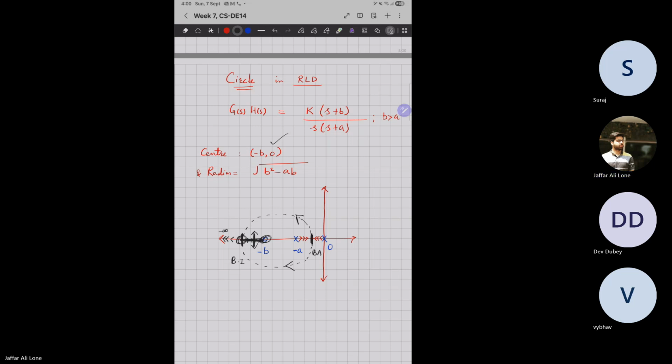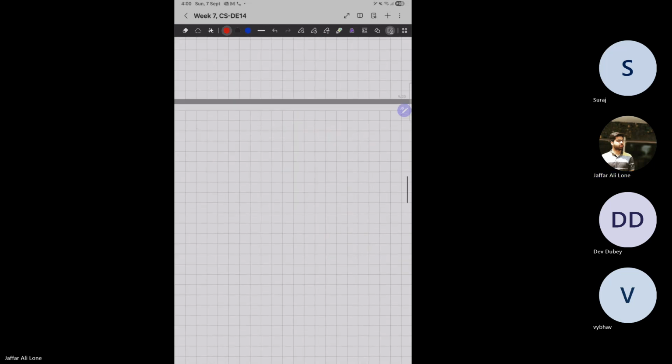Now the question is, you have G(s) given by K(s + 6) divided by (s + 4).